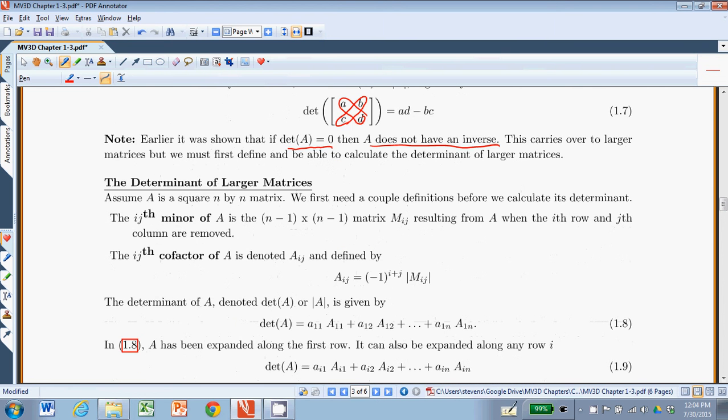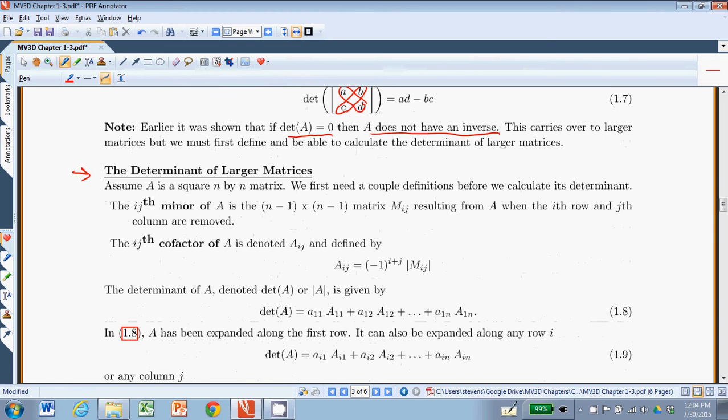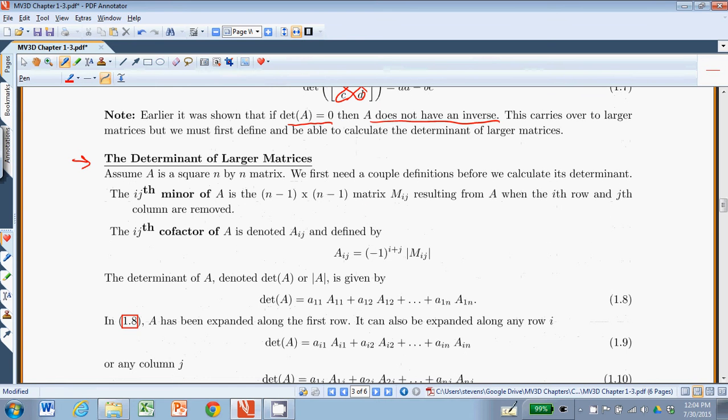Now with larger matrices, there is no closed formula. It's more of a process, called a cofactor expansion. There are some definitions and terms in here, but it's not entirely important that you know these terms. I'll just go through the process, and you'll see the procedure, and hopefully after our third little example, you'll have it.